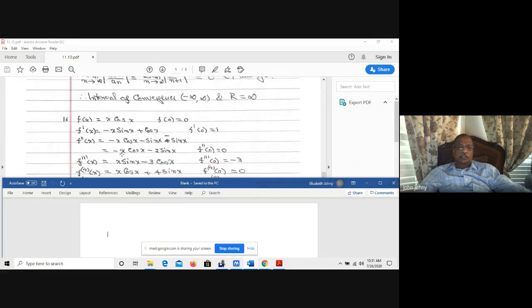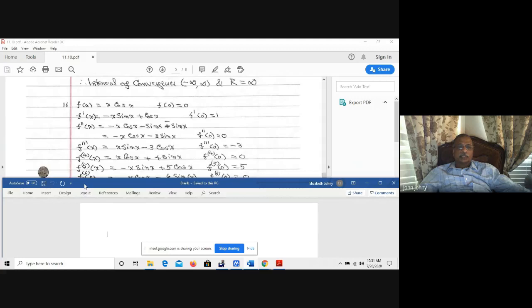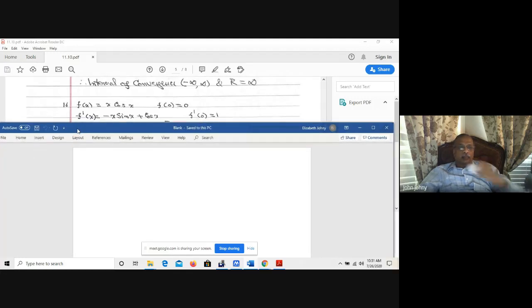Okay, number 16. x times cos x. f(0) is 0 times cos 0, which is 0. Differentiate: f prime x is negative x times negative sin x plus cos x, product rule. f prime 0 is, first term is 0, cos 0 is 1, first term is 0.